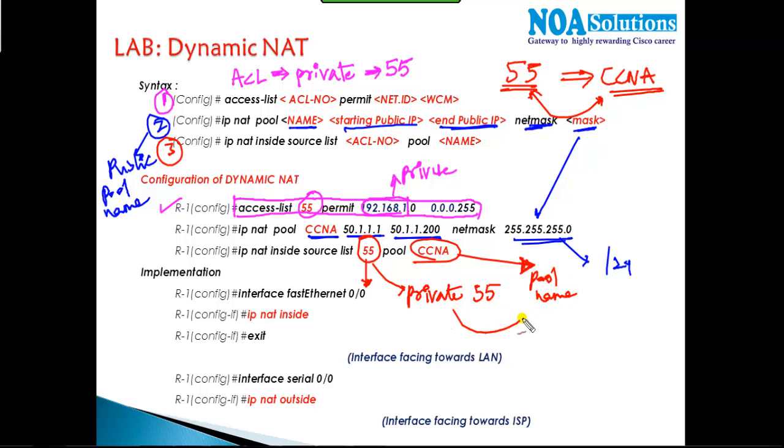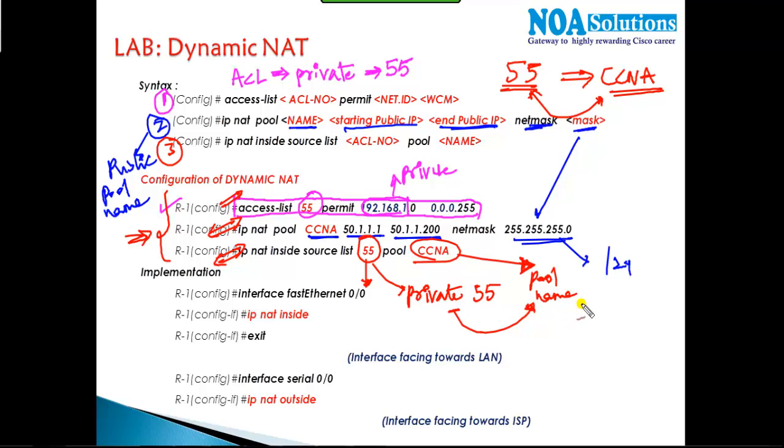So it does the translation automatically. We just write a 3-line statement: defining the private IP range using an ACL, the public IP range using a pool name, and then mapping the private IP to the public IP in the third statement.